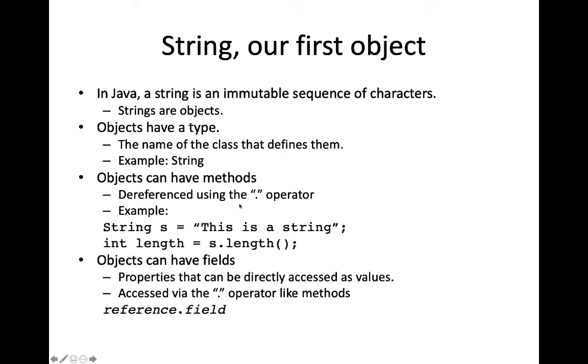Objects have a type. In the case of string, the type of a string object is String with a capital S. Just like we have class names that start with a capital S, and these object type names start with a capital letter, that should tell you something. An object's type is a specific class. And in fact, the way we've been using Java so far, just as a collection of static methods, is not how we generally will program in Java most of the time.